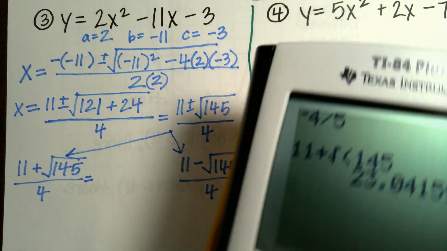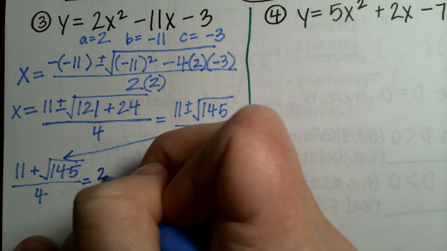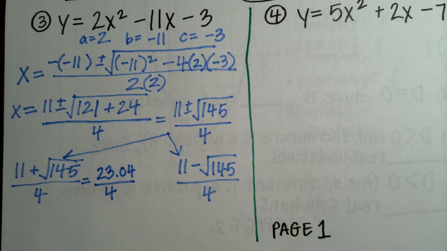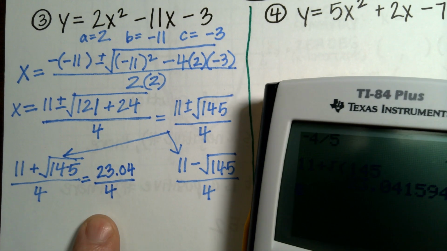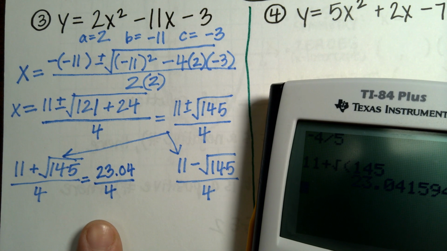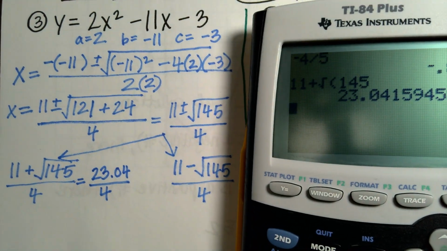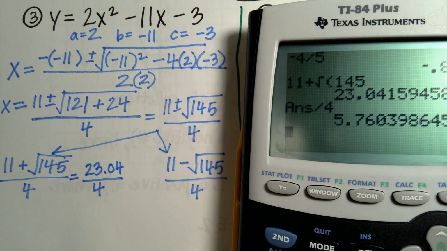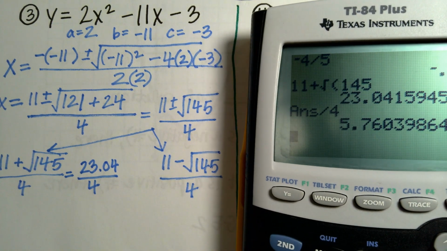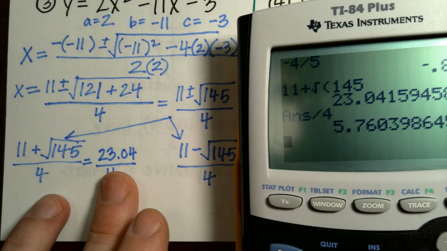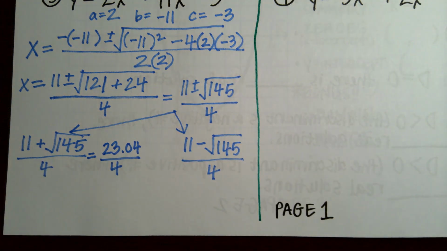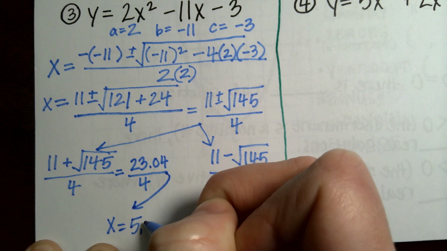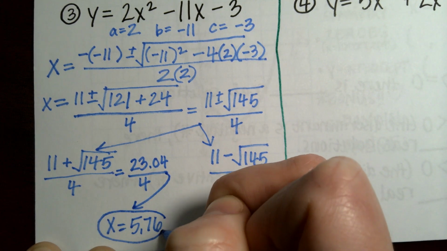I didn't divide by 4 yet. Then I divide by 4 and I got 5.76. You guys tell me if you're getting something different. X equals 5.76. That's my first X value.